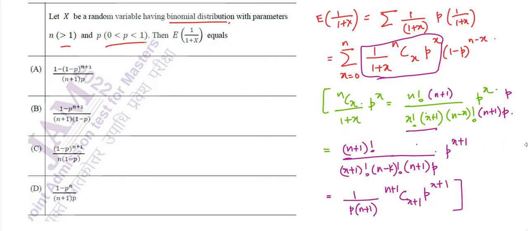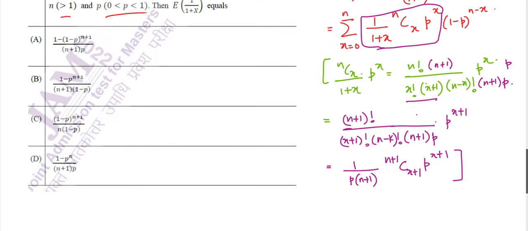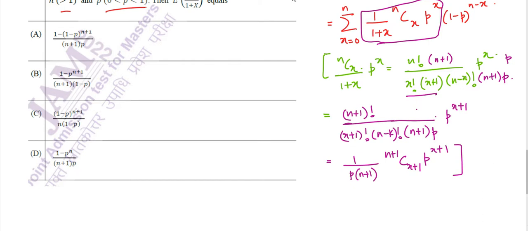So I replace this one out there. So the expectation of 1 by 1 plus x becomes equal to 1 by p into n plus 1. Now since the summation is over x, I can bring p and n plus 1 outside the summation.